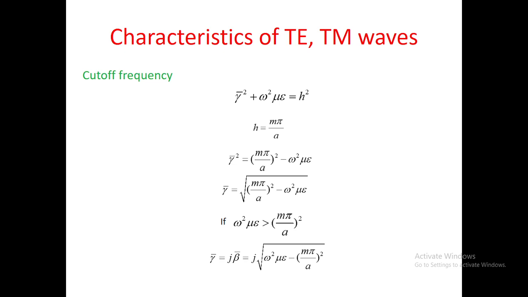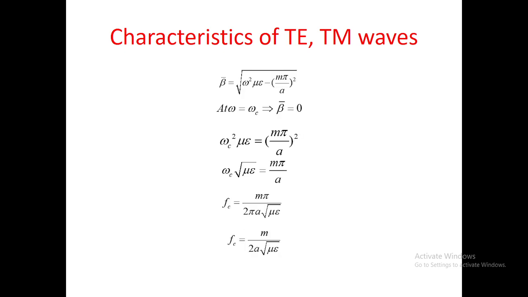If omega square mu epsilon is greater than m pi by a whole square, then gamma is purely imaginary, so the phase constant equals square root of omega square mu epsilon minus m pi by a whole square. At omega equal to omega c, the phase constant is 0. So the cutoff frequency for the parallel plane waveguide equals m pi by a into square root of mu epsilon.